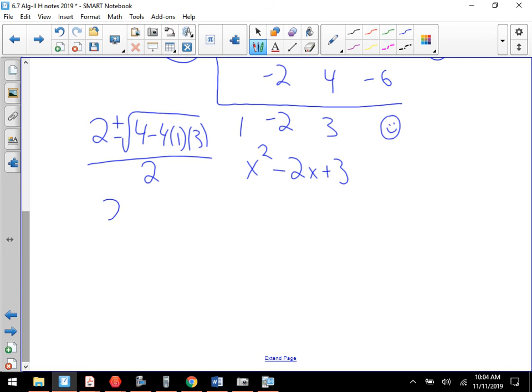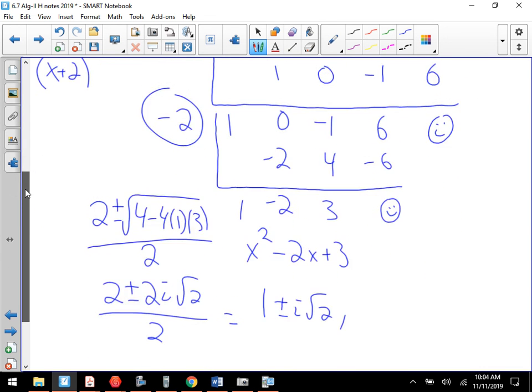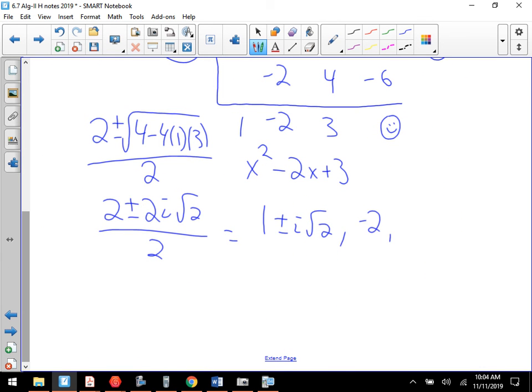So you get 2 plus or minus 2i root 2 all over 2, which means I can simplify this. Whoa, what happened to the one up front? 1 plus or minus i root 2. And then our other zeros were at 1 and negative 2. So negative 2 and 1 with multiplicity 2.